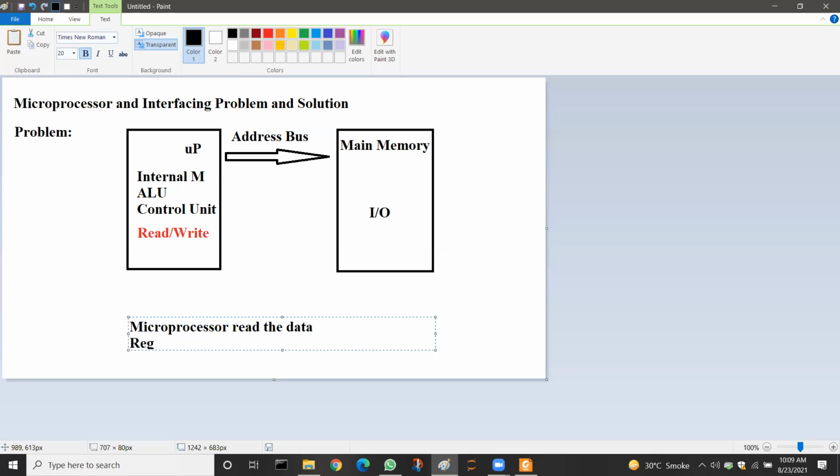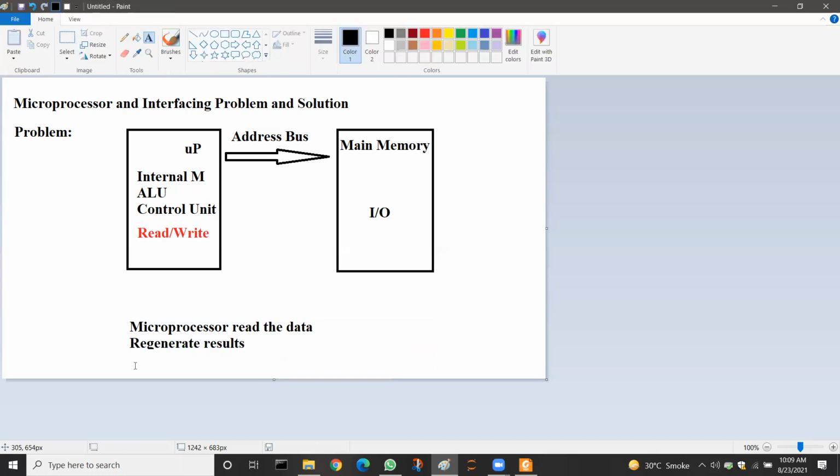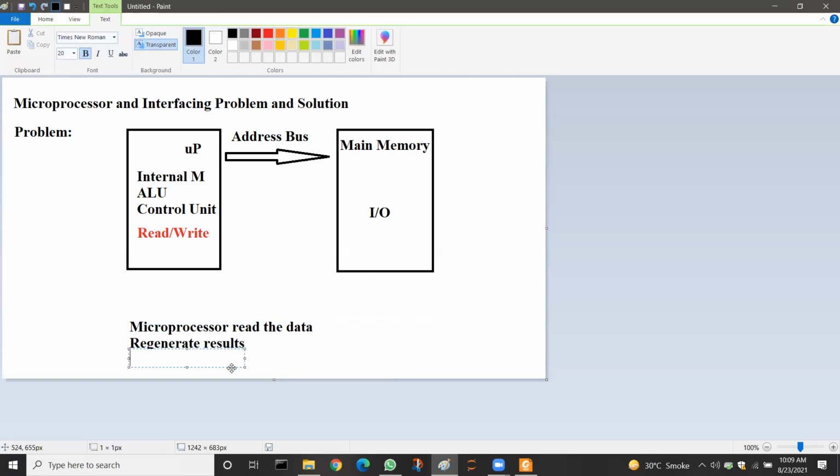Once the microprocessor has the result, it has to save it. So the microprocessor has to write the result in the memory.